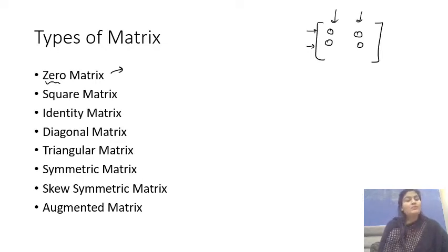Now if you talk about square matrix, see, if I have to mention a matrix of order 2 by 3, that means there are 2 rows and 3 columns. What kind of matrix is it?